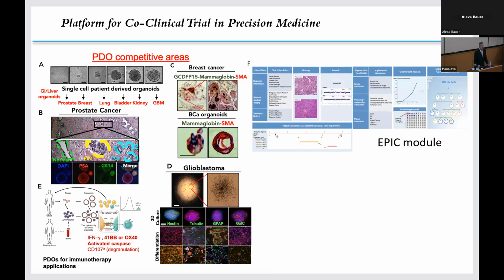Our goal was to develop this as part of patient care. Many of you know, Epic is a software used for follow-up of patients in the clinic. There are Epic modules where you can add the preclinical or co-clinical data from each patient.